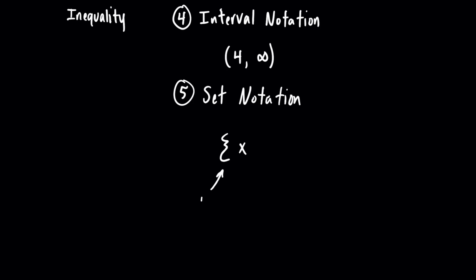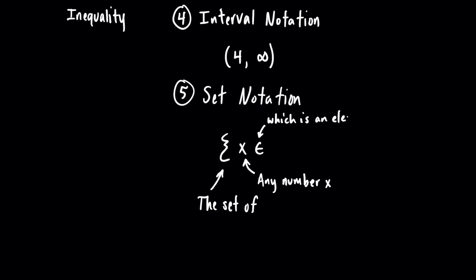So we read this like the set of any number x, this little guy means which is an element of or a part of, and then we're going to put a bold-faced R here, so we're just going to do an R with a little extra line on the left side of it. I'm running out of room here. This guy right here stands for the real numbers.